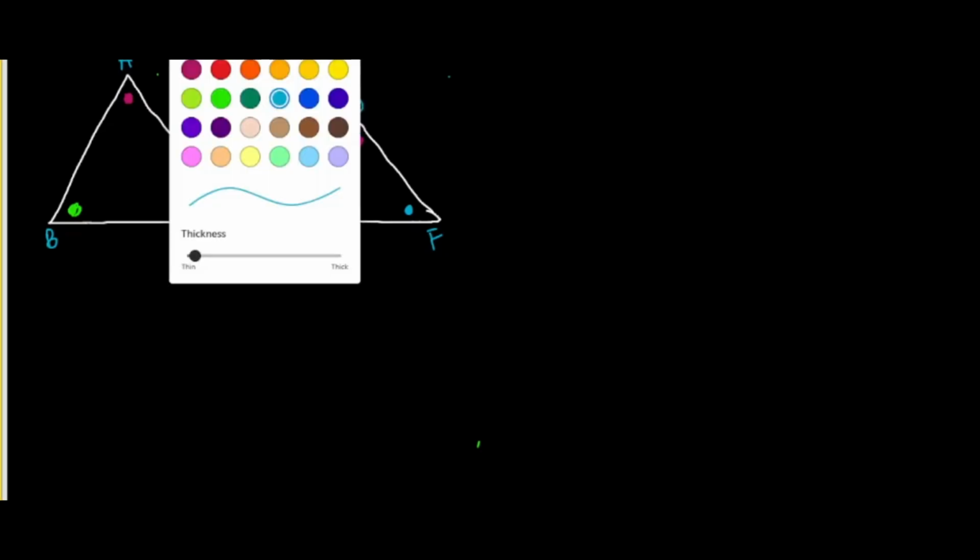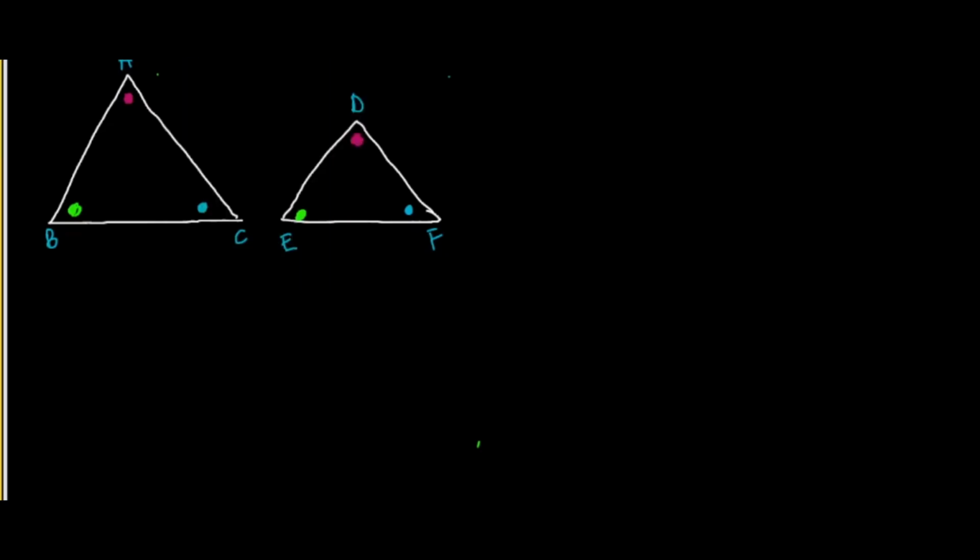So you'll be given 2 triangles. I'm given triangle ABC, and we are also given triangle DEF. Then you need to tell us what is given there.